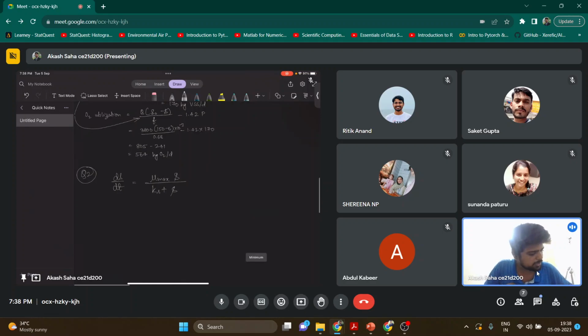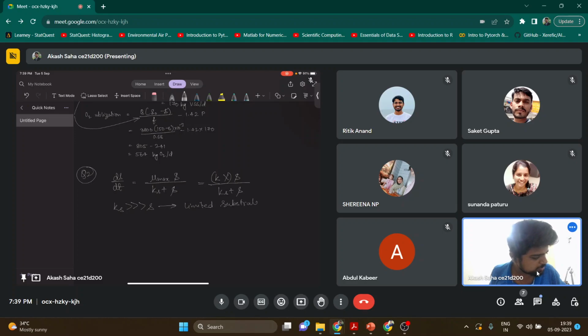And this mu max I can write as K into X. Now suppose we have a condition where my Ks is very much greater than S, or I can say there is a limited substrate.